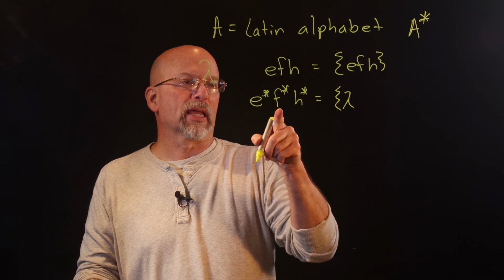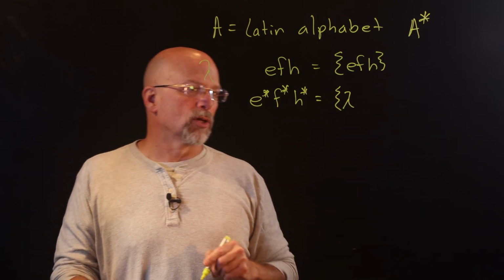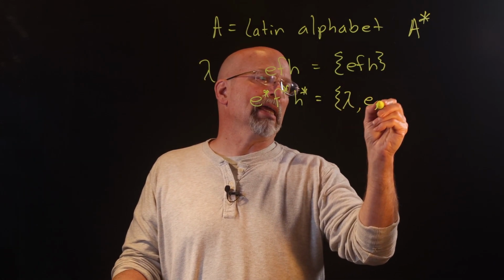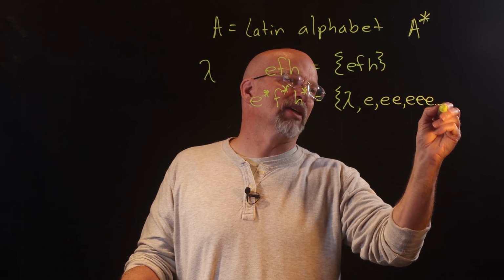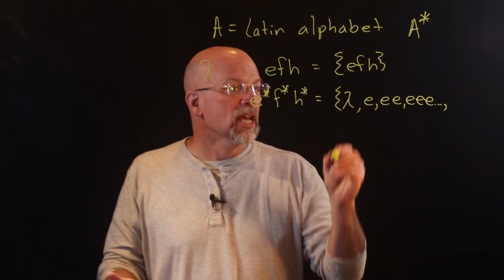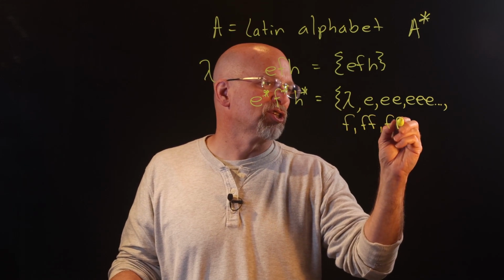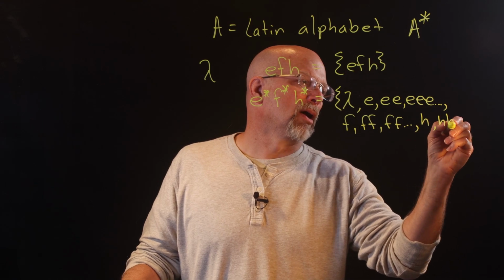I could have an empty string concatenated with an empty string, concatenated with an empty string, which gives you the empty string. It could be just an E. Could be 2 E's, could be a whole bunch of E's, right? Could be 1 F, 2 F's, a bunch of F's. Same for the H's. All right.